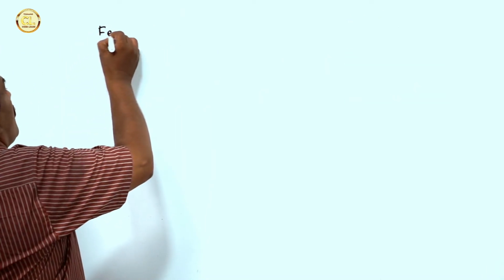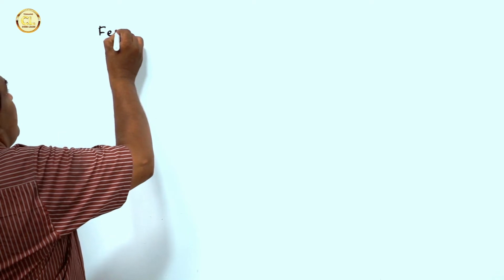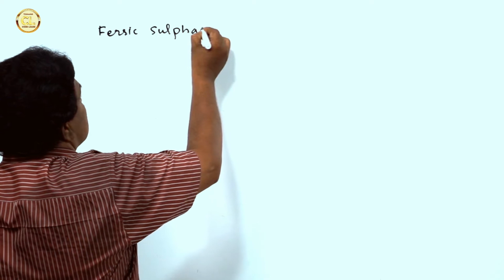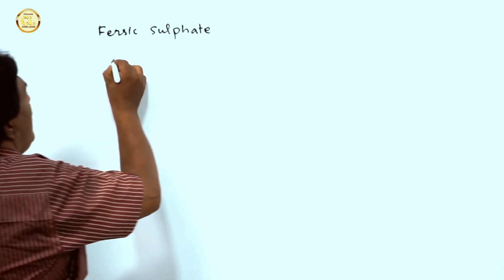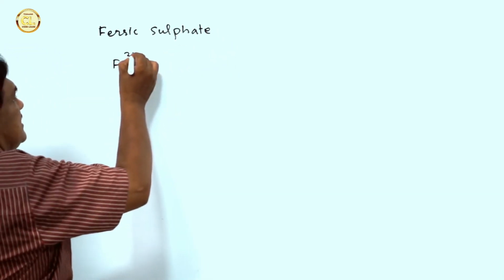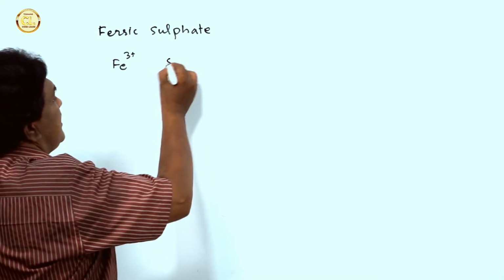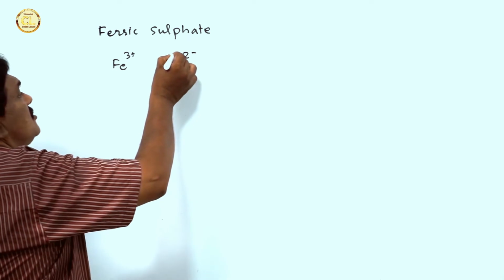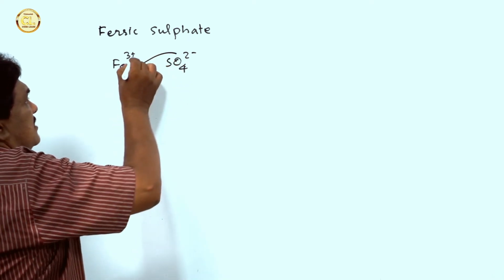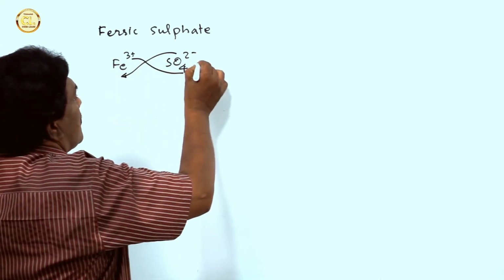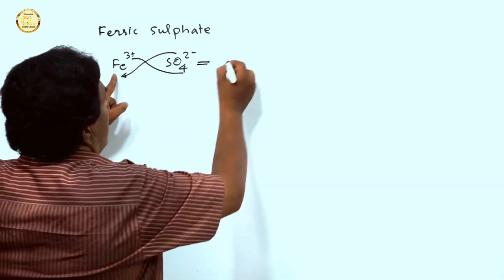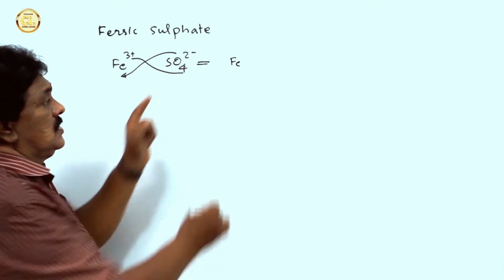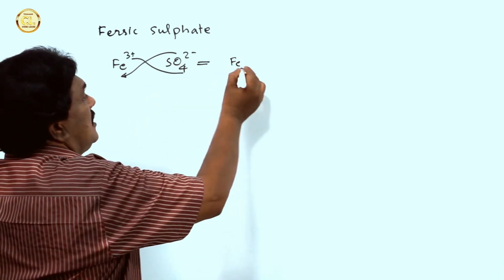Now, ferric sulfate. You know, Fe3+ is ferric. Sulfate is SO4 2-. See, crossing their valencies like this, the subscript of Fe is 2, that is the charge of SO4.